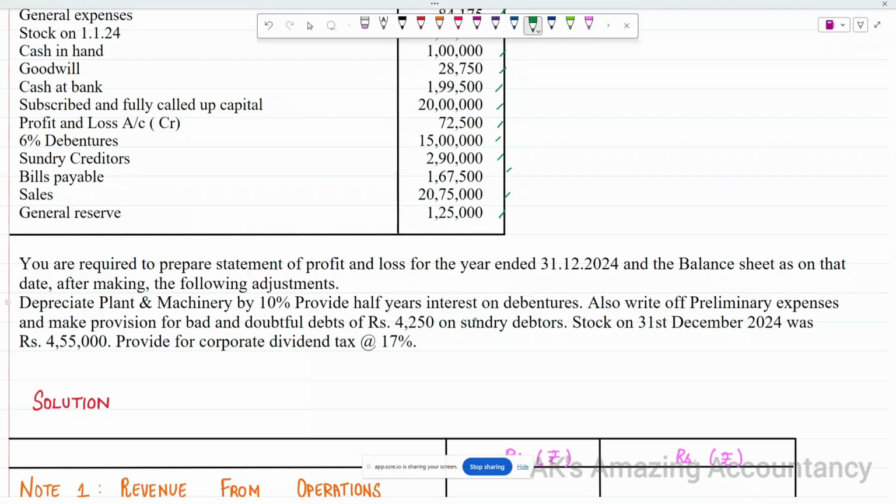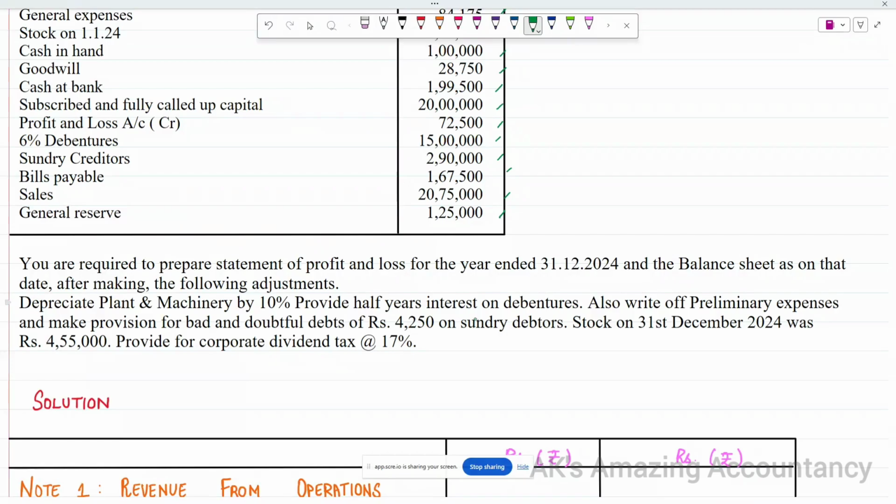Also write off preliminary expenses and make provision for bad and doubtful debts of rupees 4,250 on sundry debtors. Stock on 31st December 2024 was rupees 4,55,000. Provide corporate dividend tax at 17%.